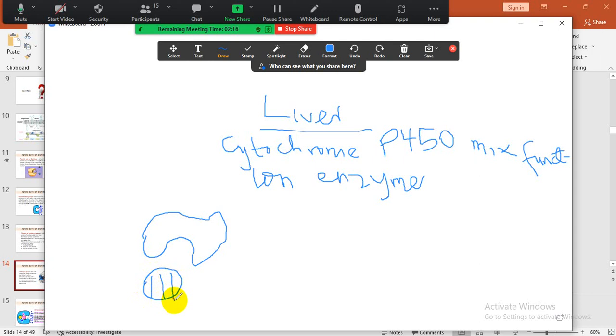This is a substrate. So if you bind them together, in a nutshell, we are going to have this. So this is the active site. This whole pocket is the active site, and the substrate is this. So let me write substrate.